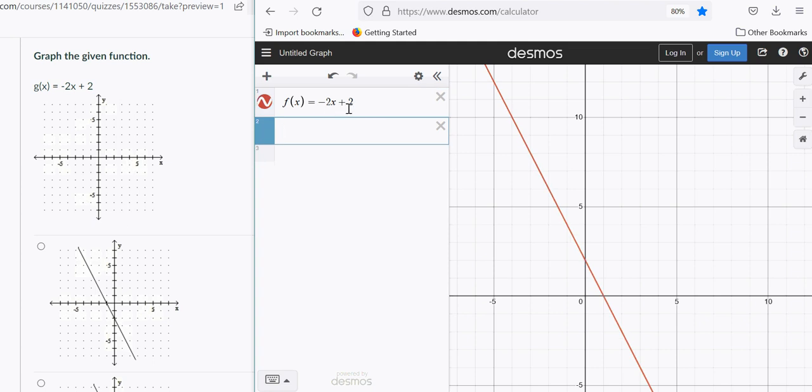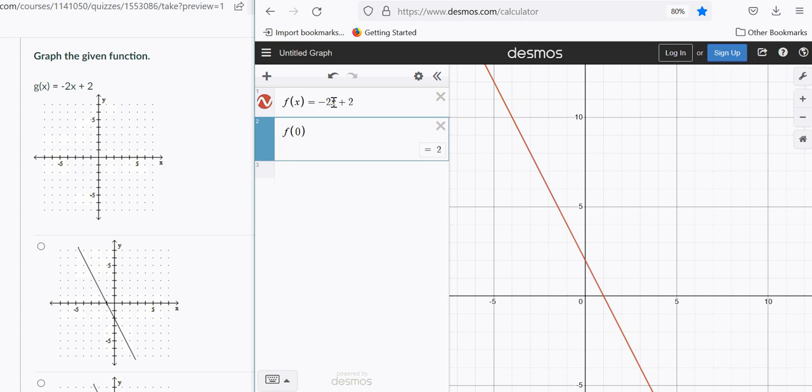You know the graph like this is going to be a line. Okay. So here when x is 0, you have this point. When you input 0 here, you hit enter, you have a 2 here.